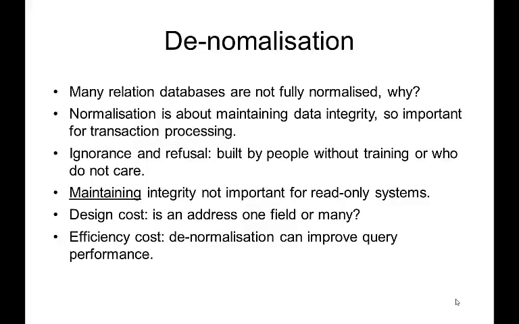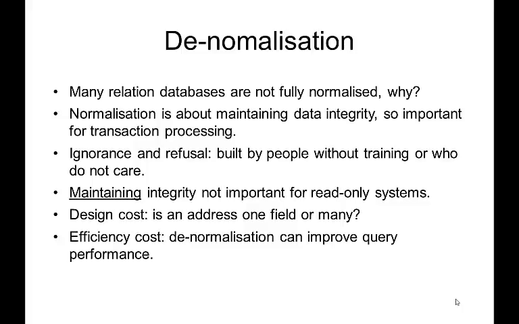But the reality is that many relational databases are not fully normalized, or even to third normal form. Why? Because normalization is about maintaining data integrity, also improving speed as a result, but the primary function of normalization is to prevent data redundancy and duplication.